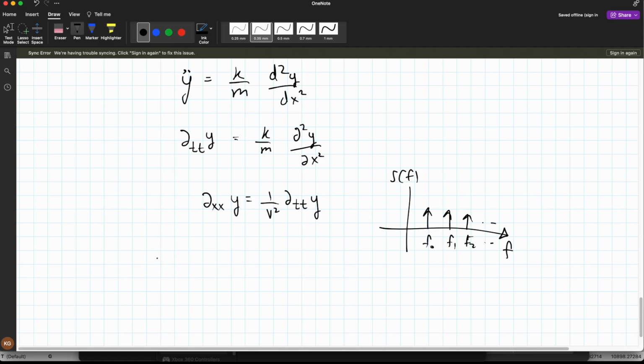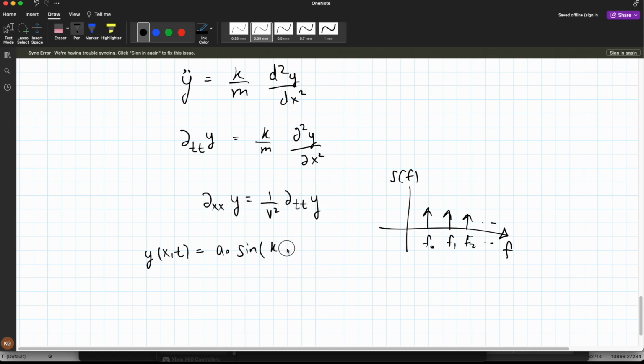That was my reaction. So if we plug in y of position x and time t is some sine wave, let's say. Let's call it some coefficient in front, a0, sine k x minus omega t. We can call it k, which is different than this k, but that's okay.